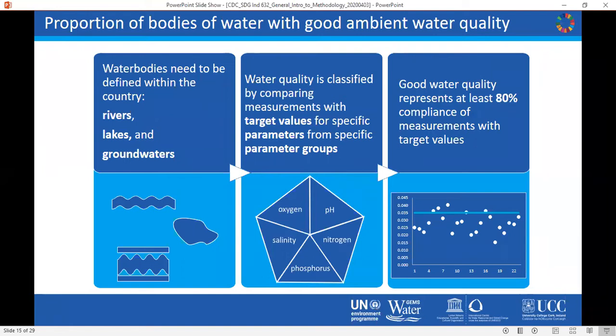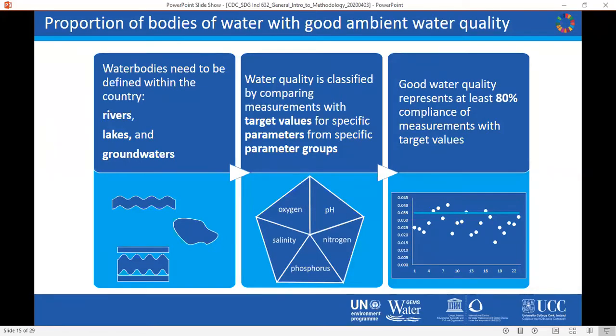These parameter groups for surface waters are salinity, nitrogen, phosphorus, acidity, and oxygen. Now these 5 parameter groups are chosen because they represent the pressures to water quality which are relevant everywhere in the world. So namely, from salinization, acidification, nutrient pollution, and also oxygen depletion.